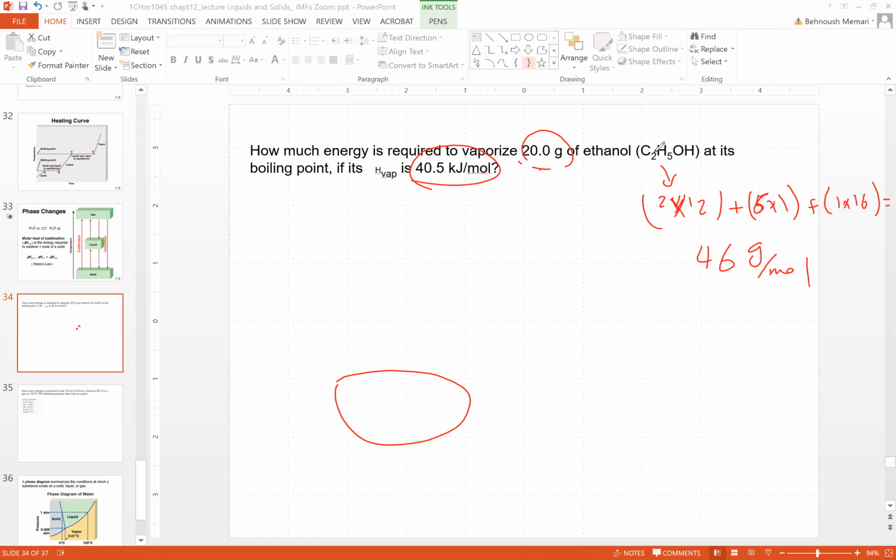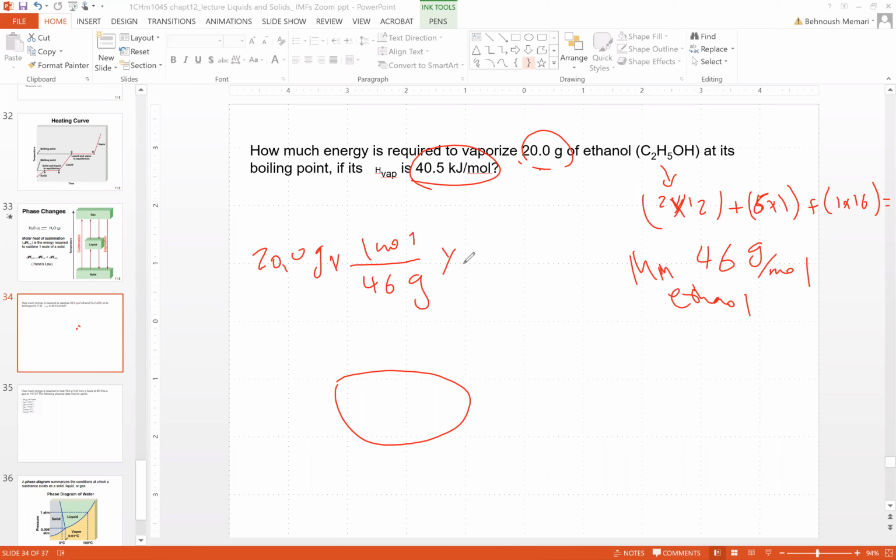That's the molar mass for ethanol. We start with the 20 gram times 1 mole over 46 gram. This would change the grams of ethanol to moles of ethanol.